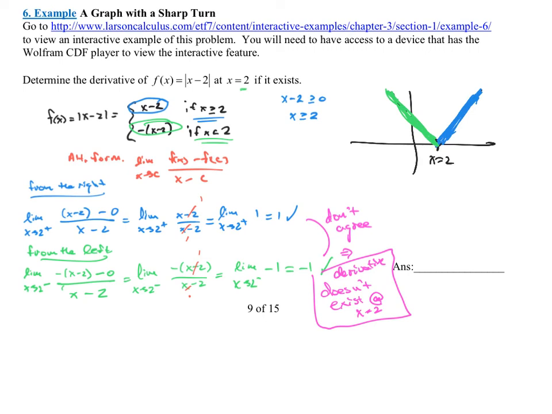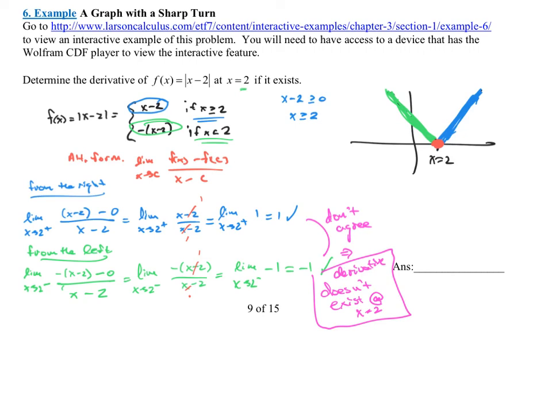When you look at what happens at that point, from the right you have a different value from the left, so you would say the derivative does not exist. It does not have a tangent line, right? So there's no straight tangent line that we can use. If there's no tangent line, there is no derivative at that point.